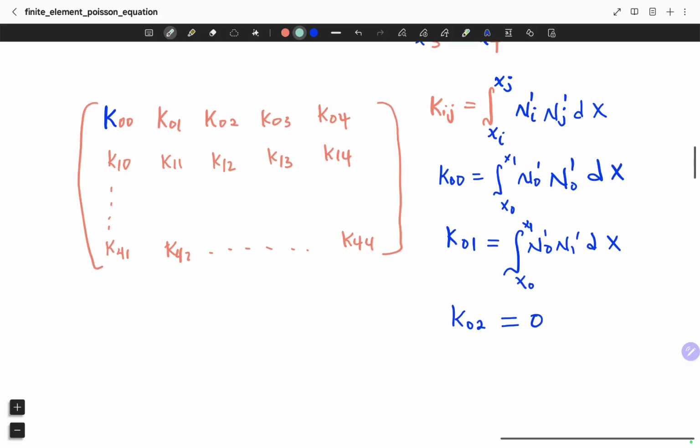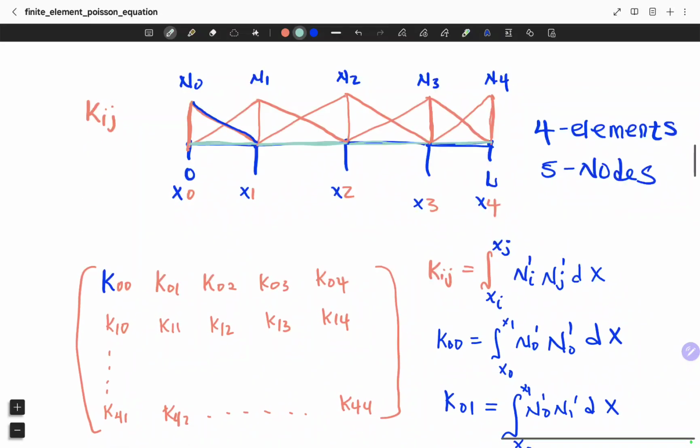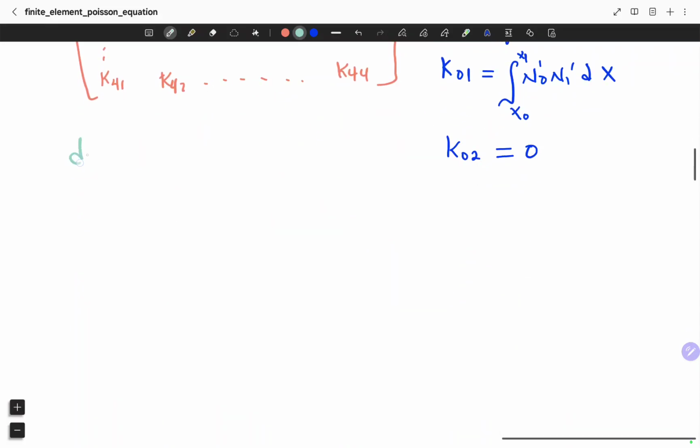So now let's look at practically how to get the values. For you to be able to do the nj prime, you need to first define what nj is.